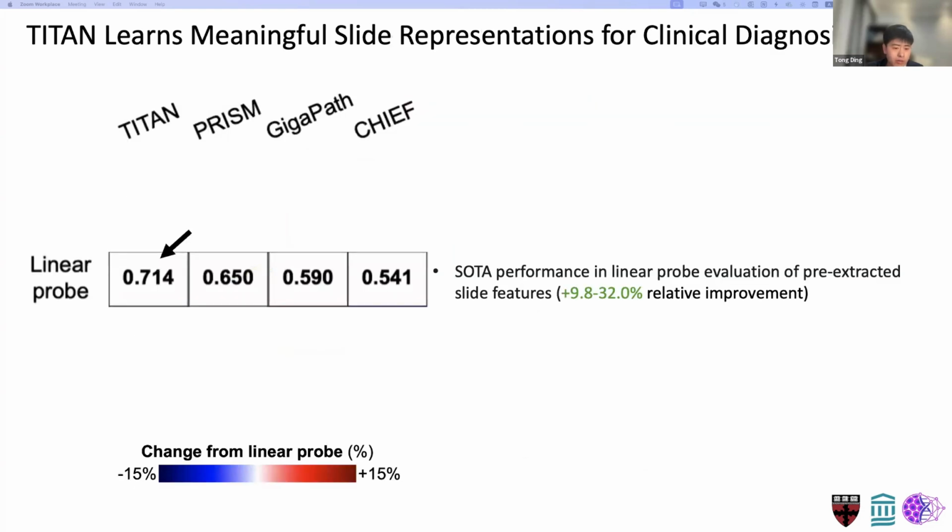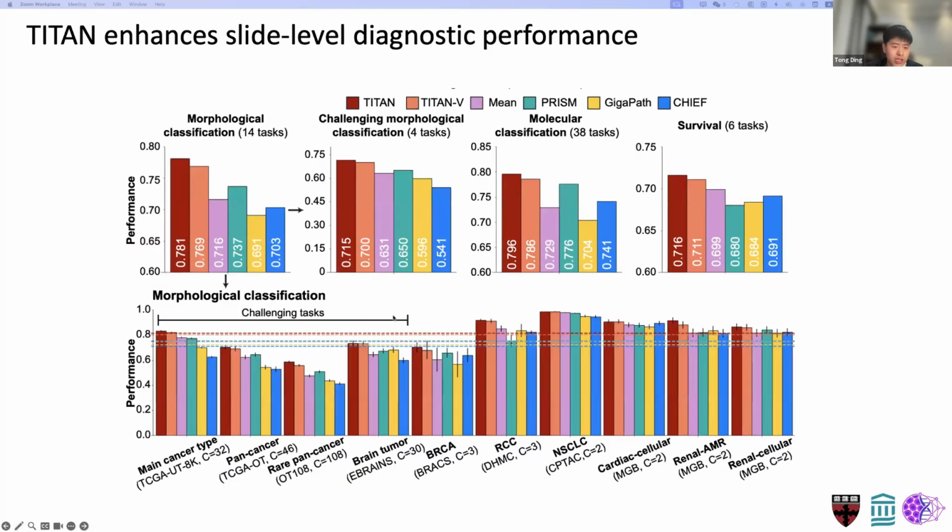And to investigate more of the behavior of Titan, we compare Titan with mean pooling of the patch encoder and ABMIL baselines, and our fine-tuning using the average of these 4 challenging datasets.